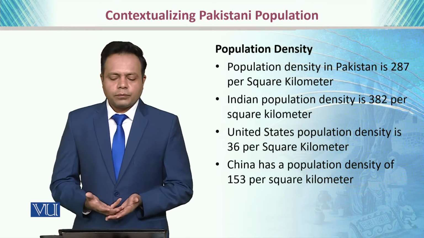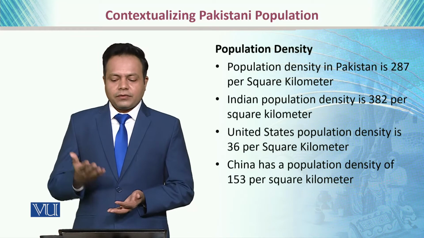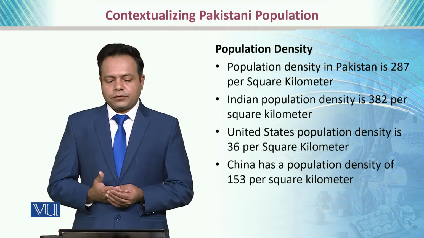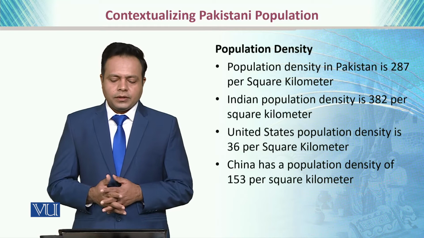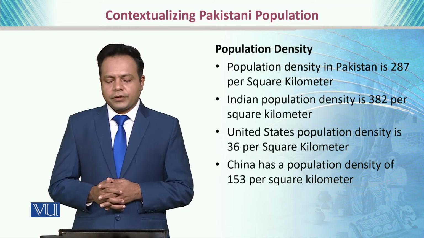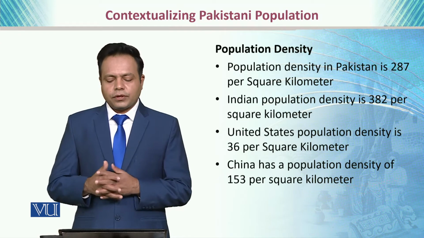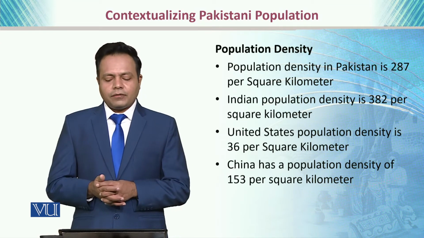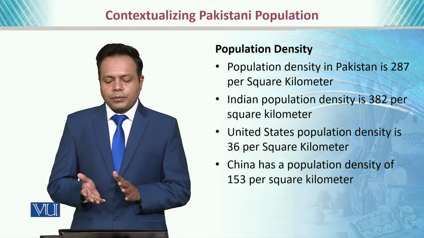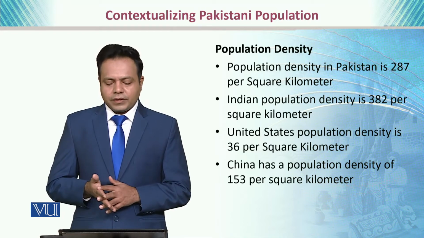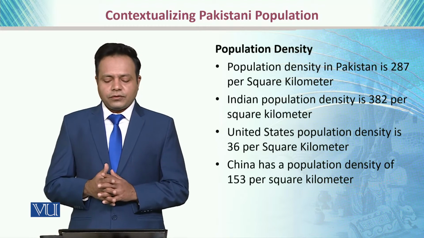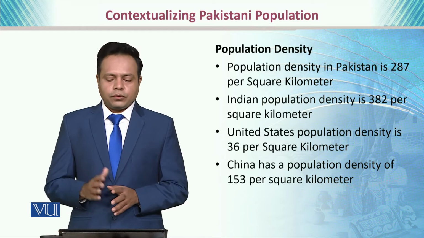If we talk about the population density, Pakistan has 2.87 inhabitants per square kilometer, whereas the Indian population density is 382 per square kilometer, and the United States population density is 36 people per square kilometer, whereas China has a population density of 153 persons per square kilometer.